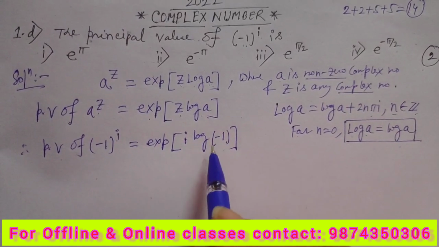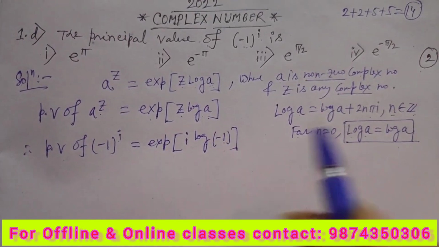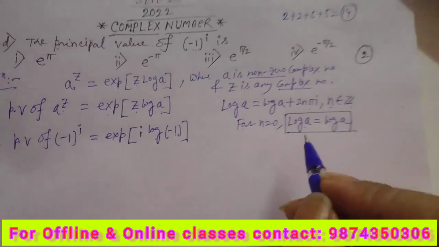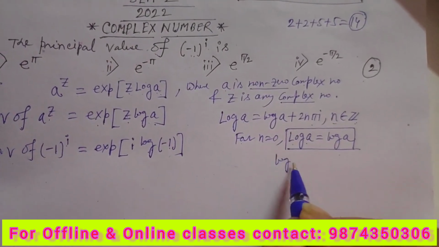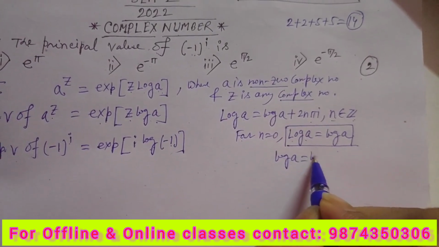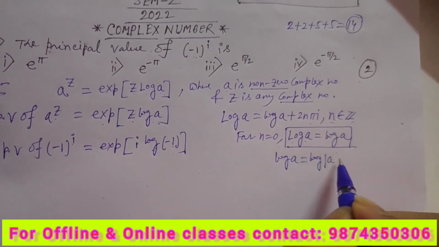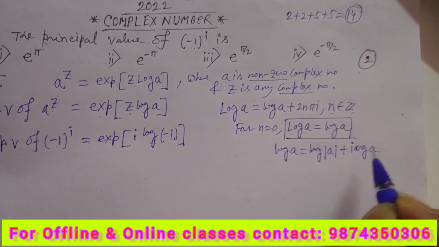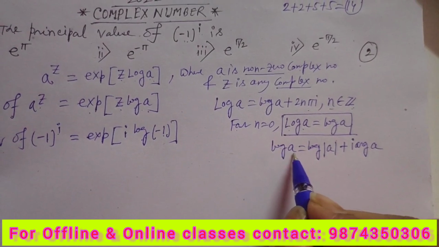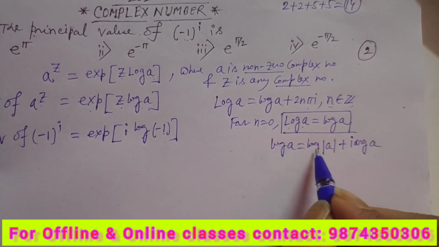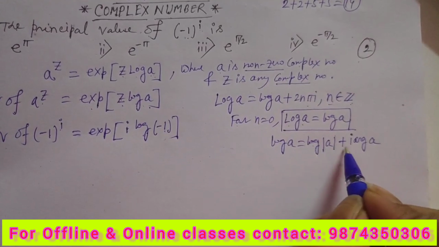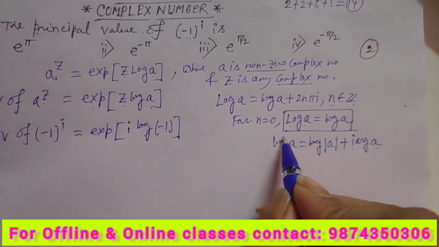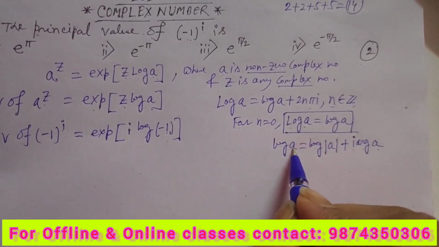So in the complex number system the logarithm of -1 is defined, but in the real number system the logarithm of -1 is not defined. So the logarithm of a is equal to the logarithm of modulus a plus i times argument a. Since a is any complex number, the logarithm of a is the logarithm of the modulus of a plus i times argument a. So this is the formula for finding the principal value of the logarithm of a.